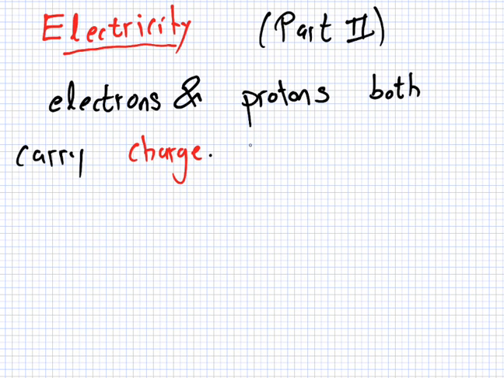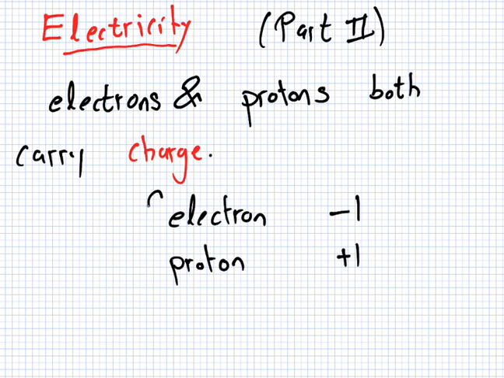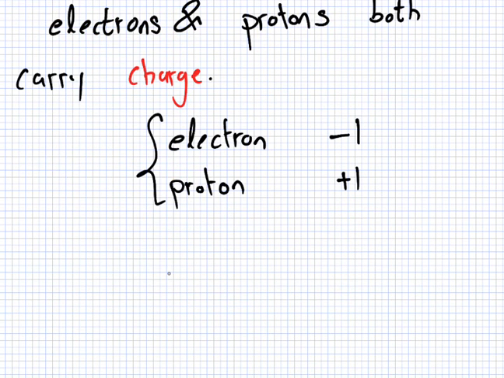I think you just write, yeah, like you say electron is a -1 and proton is +1. That's okay for chemistry, but for us we use a different unit.